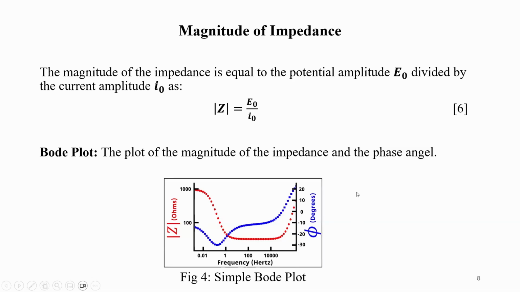The phase angle also shifts from positive to negative depending on whether the system behaves more like a capacitor or a resistor. This plot helps us understand how the system reacts at low, mid, and high frequency.